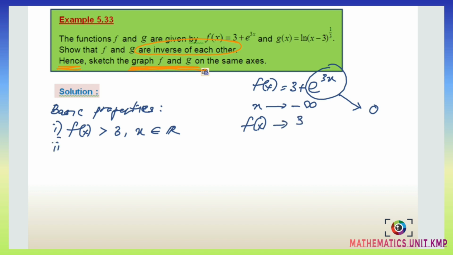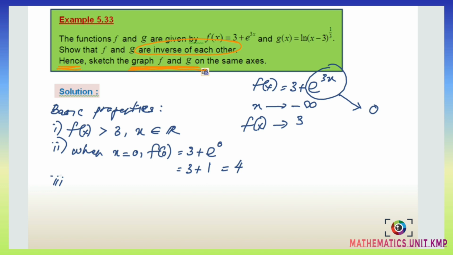And the second, find the intercept on the y-axis. When x equal to 0, f(0) equal to 3 plus exponent 0. 3 plus exponent 0 is 1, equal to 4.